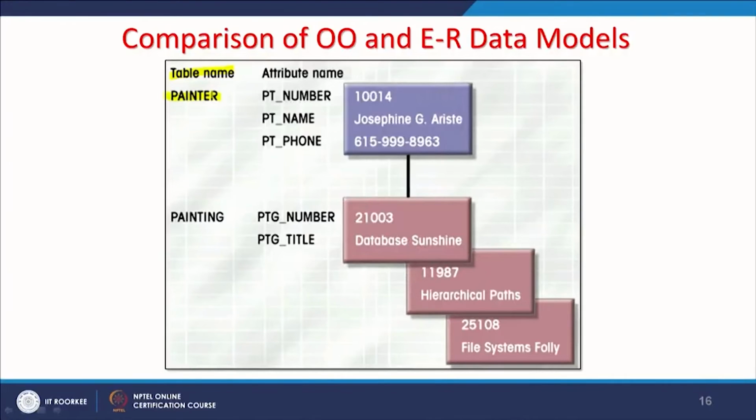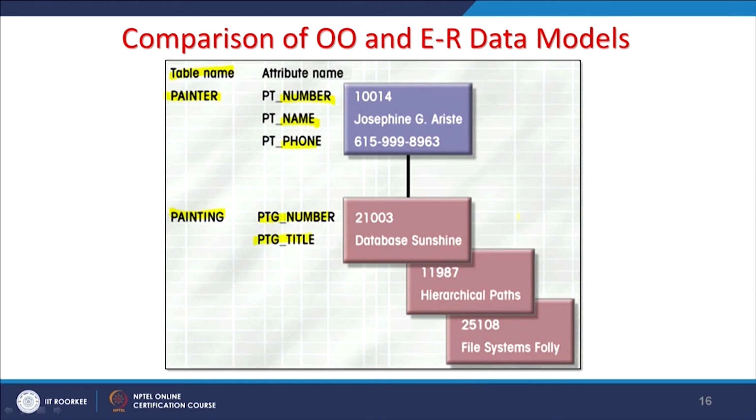Now, if we compare the previously discussed two database models, object oriented and entity relationship data models, here in this table we have a painter, with painter number, painter name, painter home, and painting, again with painting number and painting title.